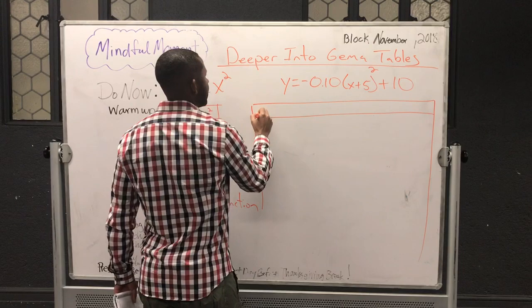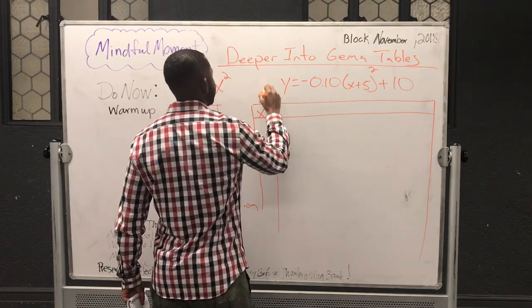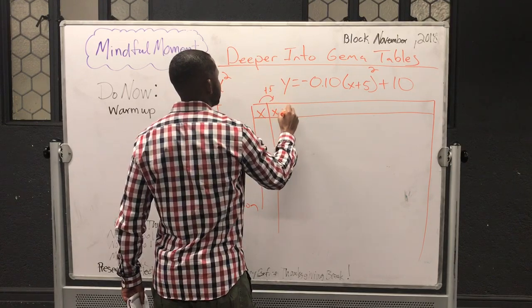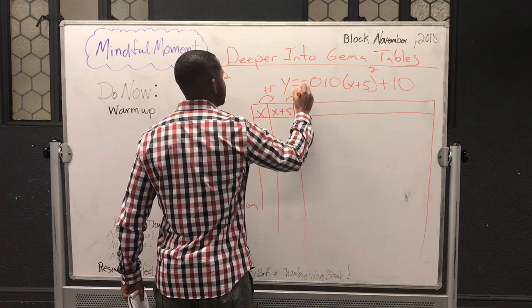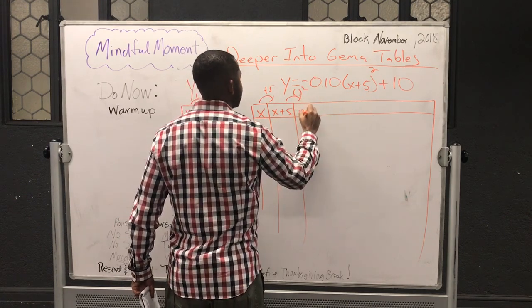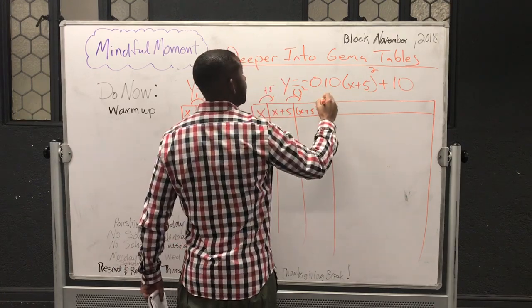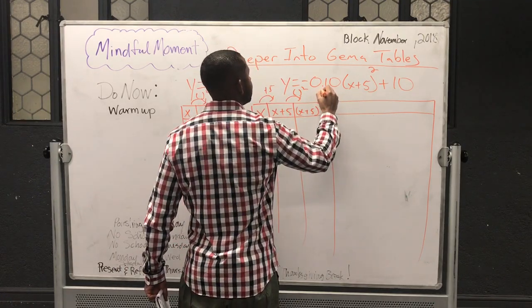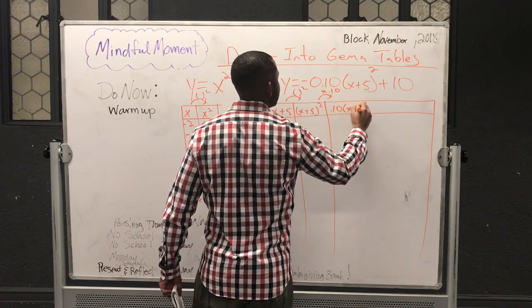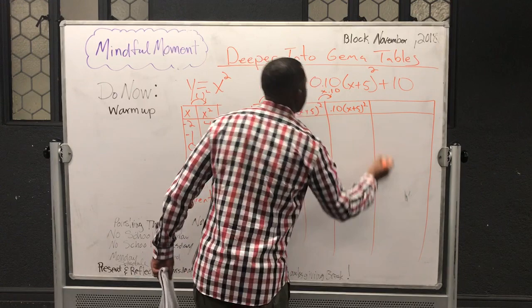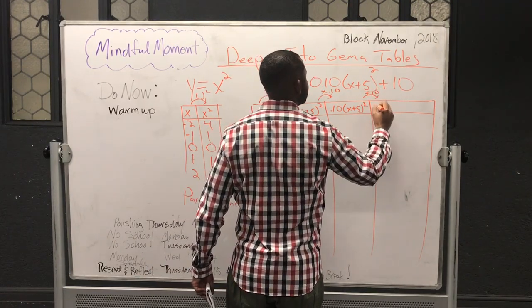So let's see, we start with the x. We add 5 to it. We square it. We multiply it by 0.10. And then we add 10 to it.